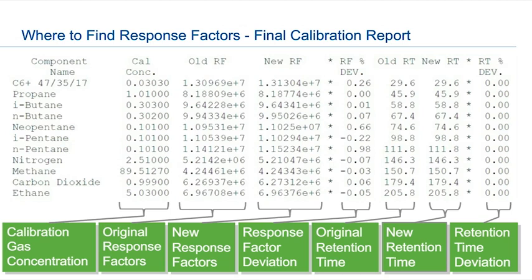This is the order that the individual components come out of the columns and pass over the detector during the analysis cycle. They're not listed in order of concentration, otherwise methane would be first in this particular example, or carbon number, or response factors. They are listed in the order of retention time, from the first one out to the last one out passing over the detector.